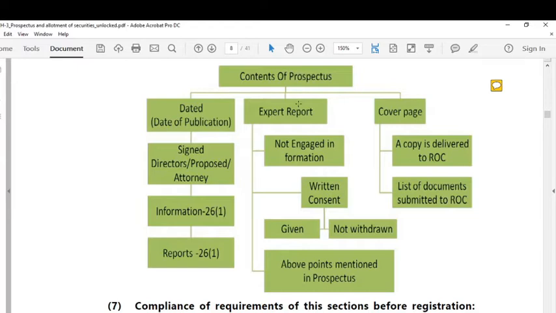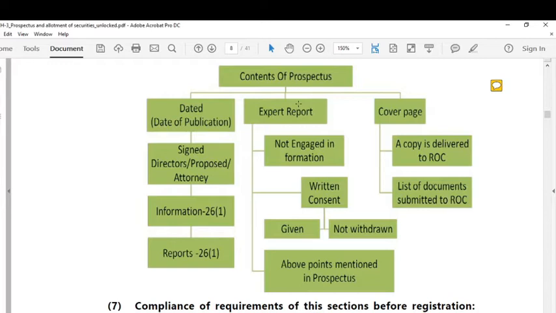The expert should be a neutral person. The expert should rate the company, how it is going to perform, and what the advantages and disadvantages are, what the merits and demerits are, what the positive and negative sides are, and what the strengths and risks of the company are, and report them in the prospectus.